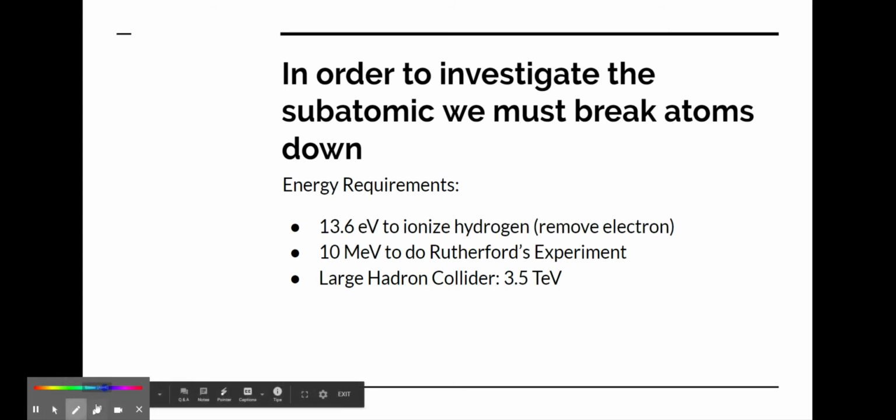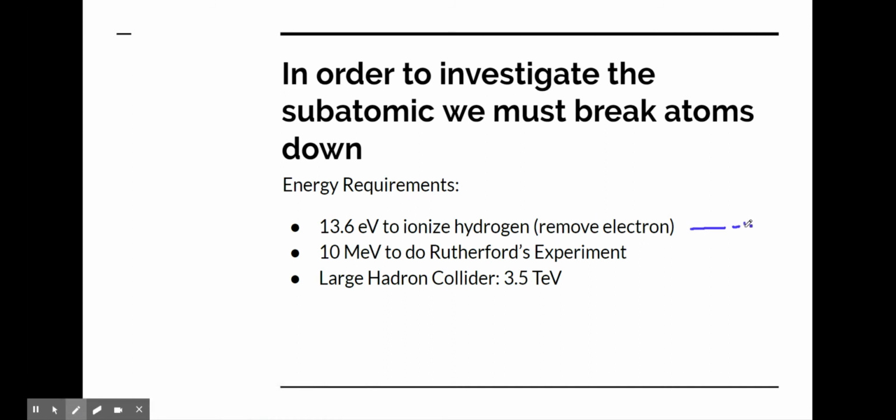If you remember what we talked about with the Bohr model of hydrogen, hydrogen had at its ground state minus 13.6 electron volts. In other words, if we added 13.6 electron volts to that electron, it would be removed from the atom. So to investigate that part of the atom, you need around 10 or 20 electron volts.